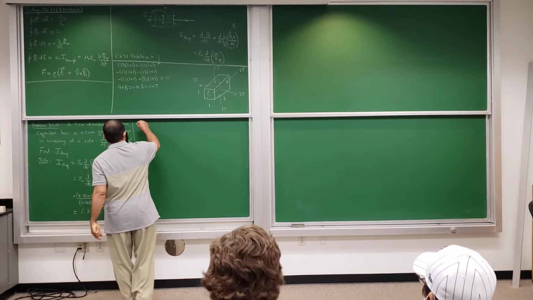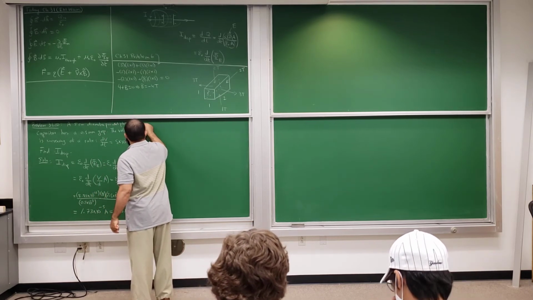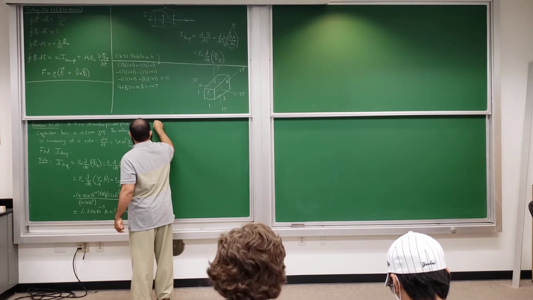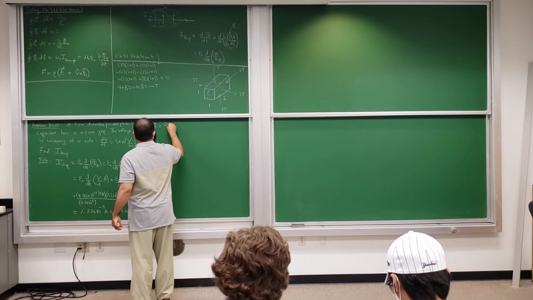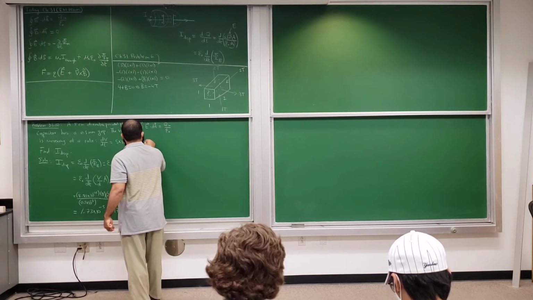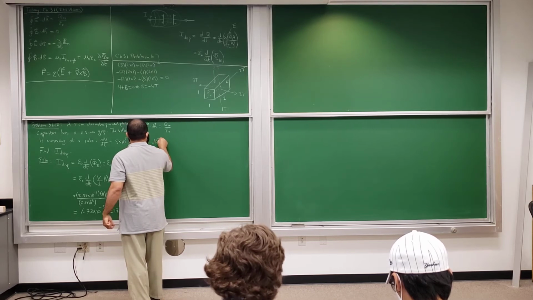So here are Maxwell's equations, again, with the fix. You got E dot dA equal to Q enclosed over epsilon naught. You got B dot dA equal to 0.